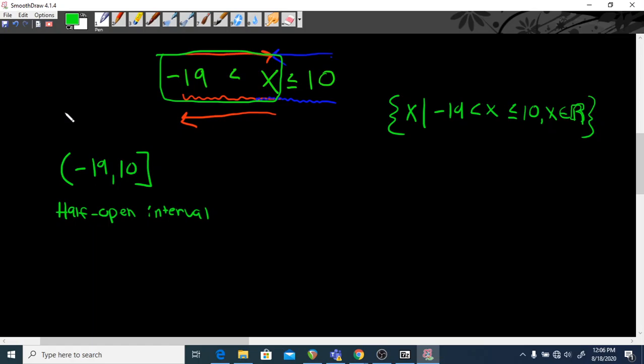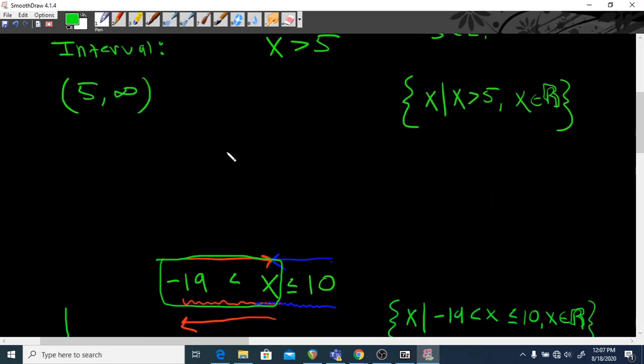It's because the parenthesis here is on the left, and the parenthesis means open. Again, if you think about infinity, infinity cannot be contained. You cannot enclose infinity in a container. So that's why it's always open, and that's why the infinity always gets a parenthesis.